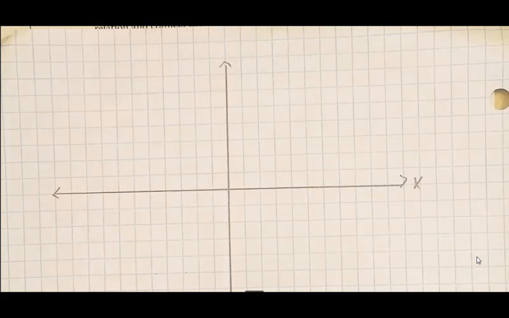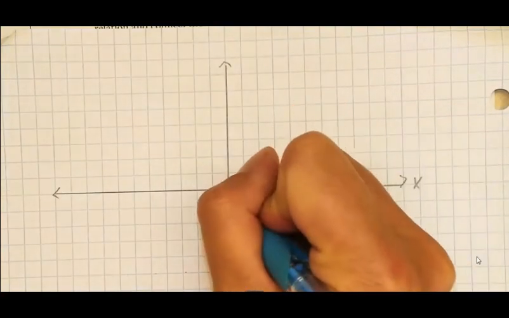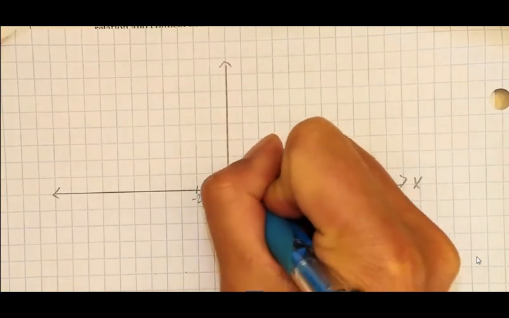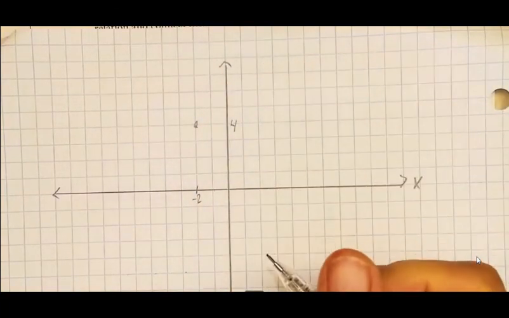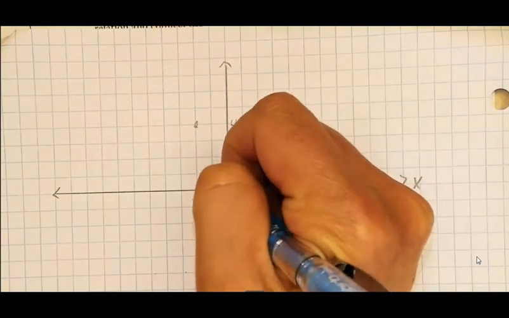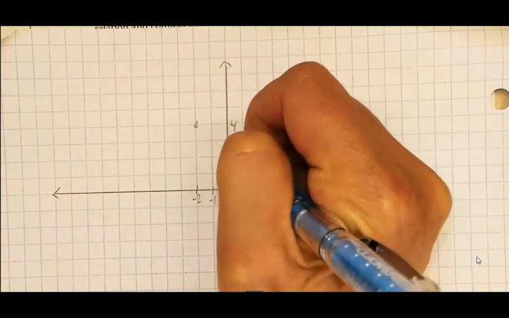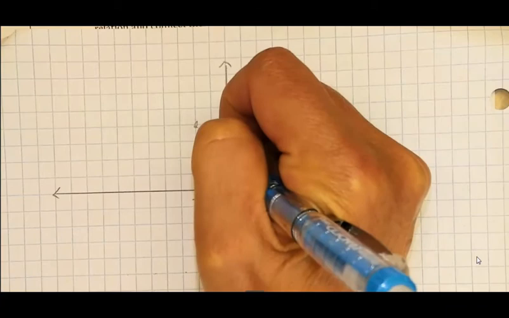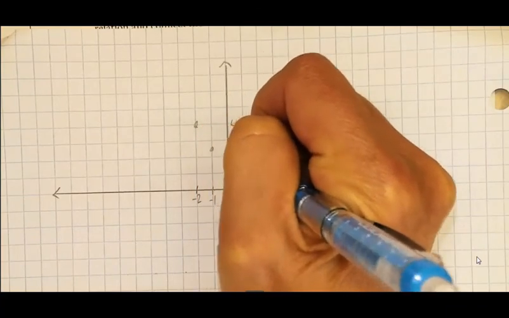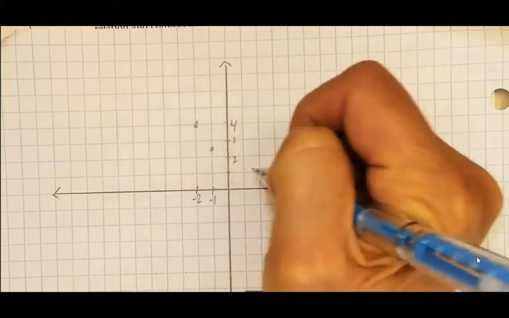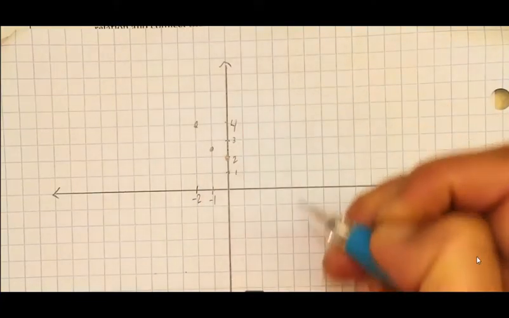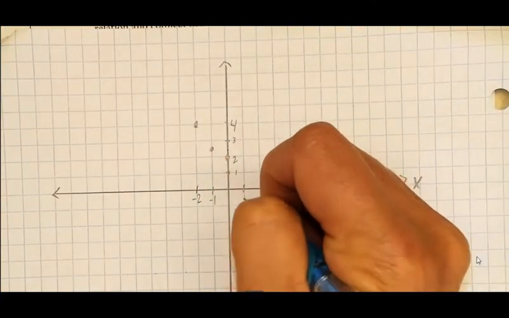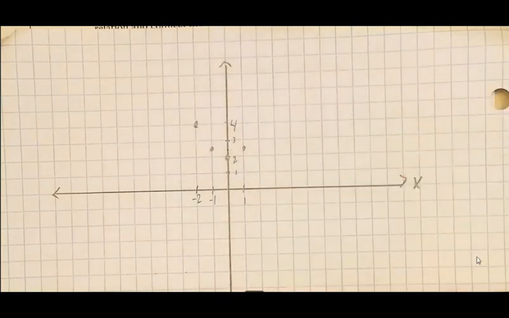All right, so for the first graph, I'm going to put -2, 4. 2.5 is about there. 0, 2 is about here. 1, 2.5 is about there.